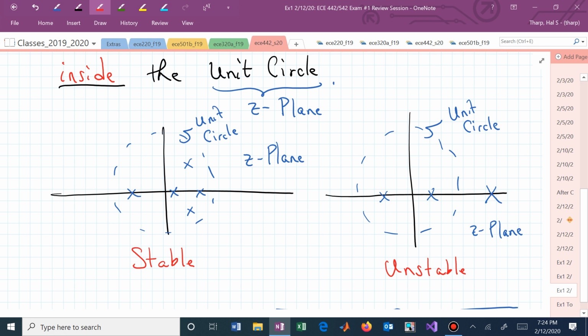Yes? How can we relate bounded and unbounded to stable and unstable? So bounded and unbounded is related to stable and unstable. Where I'm confusing you is talking about the region of convergence. That discussion is independent of stable and unstable responses. So stable and unstable time domain responses is disconnected.